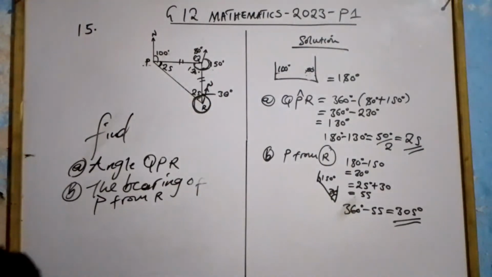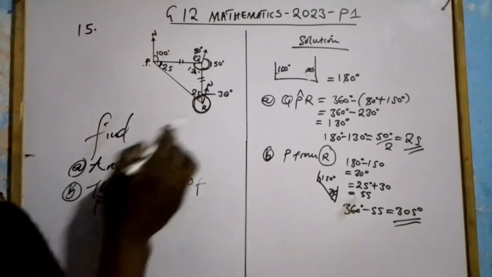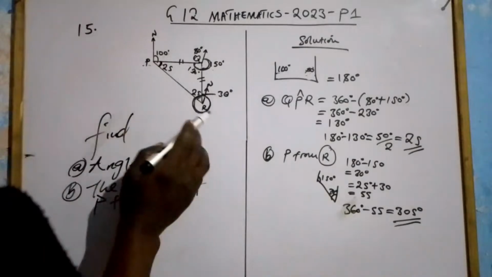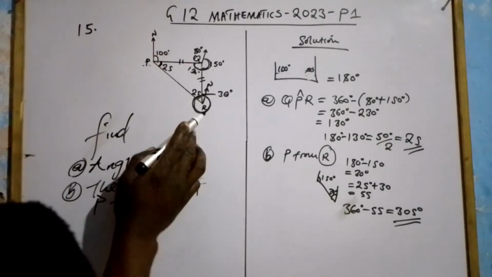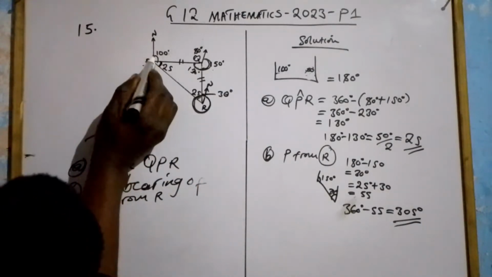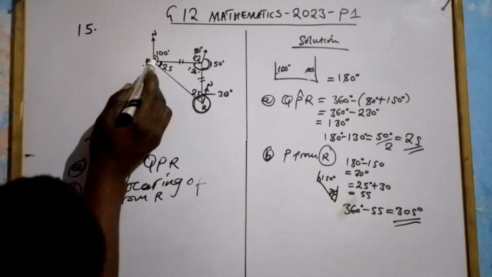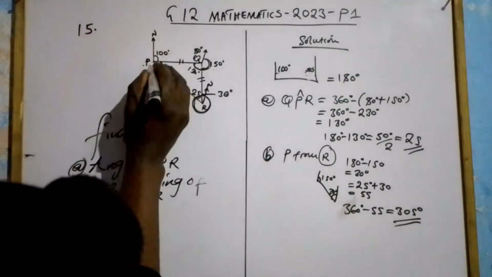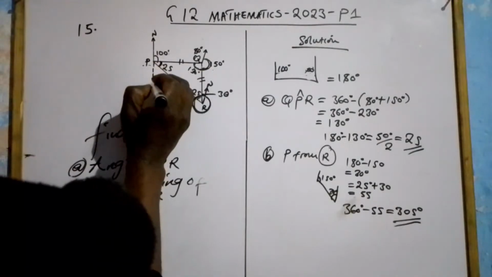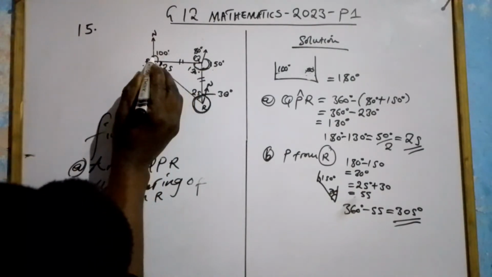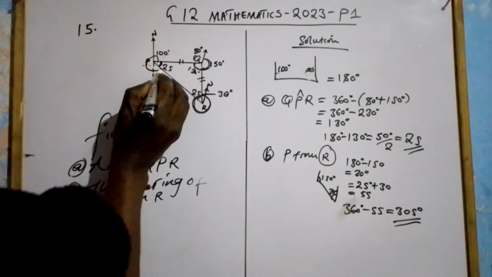Okay, and you can also be asked to find the bearing of R from P. So if you're asked to find the bearing of R from P, it must be here. The bearing of R from P is already drawn here, so it will be like this. So you move from this one to here.